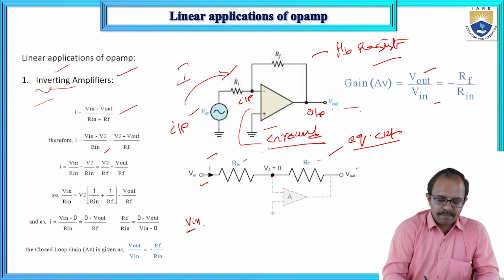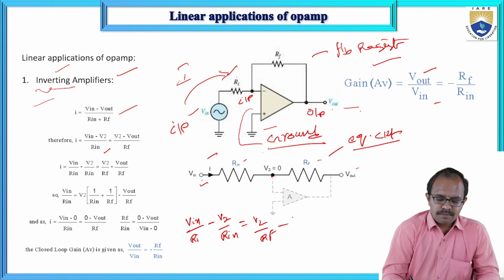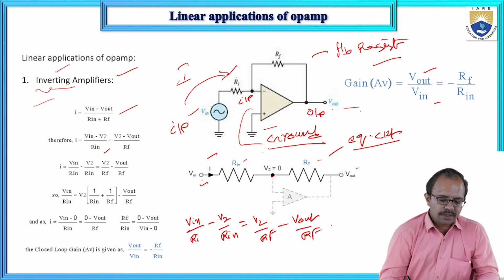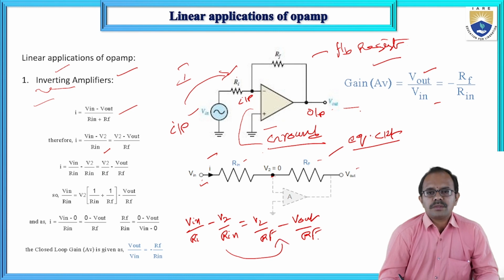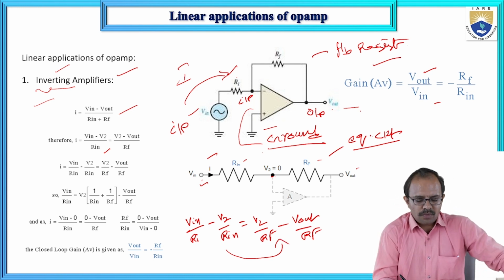V in by R in minus V2 by R in is equal to V2 by RF minus V out by RF, right? Now what we can do is move the V2 components to the other side. So what we will get here?